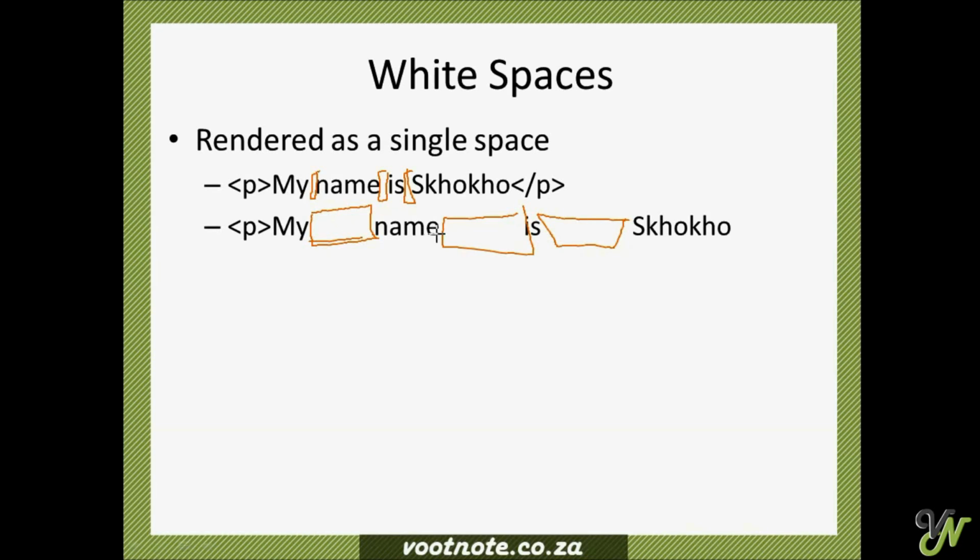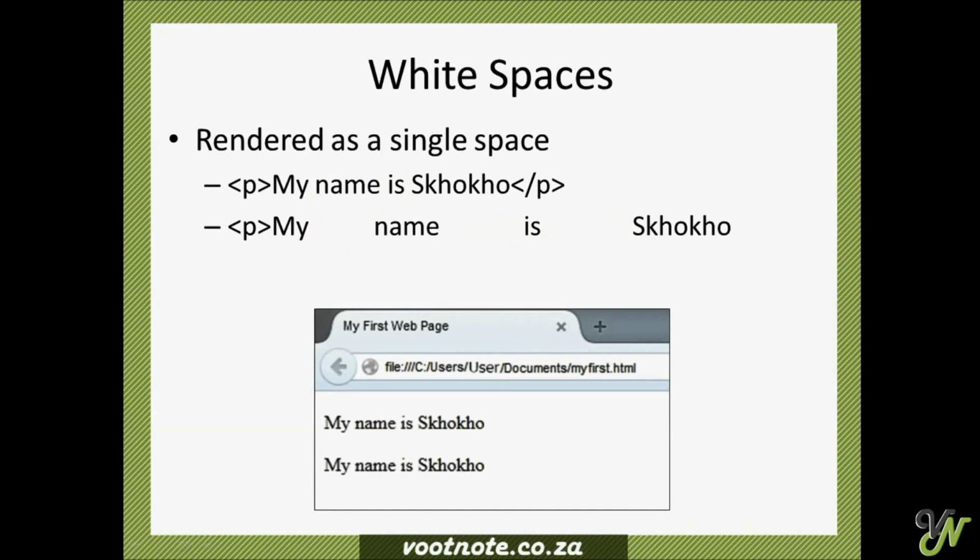This will be taken as a single space, a single space, a single space. So when you look at how the browser will render this, you see that even though we put a huge space here, the browser took it as a single space, same as with this part and with that part.